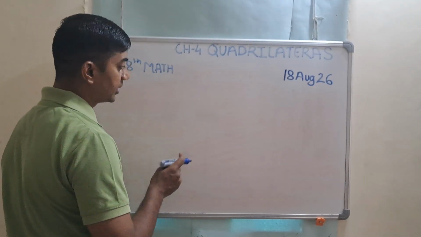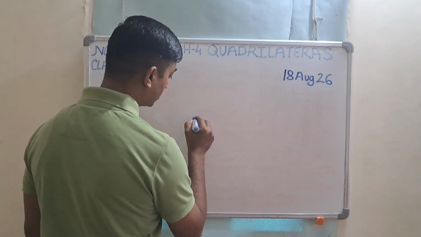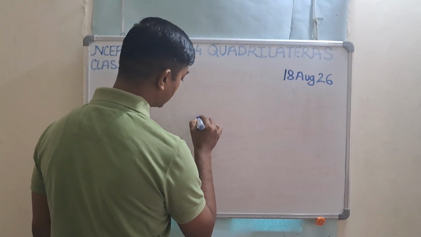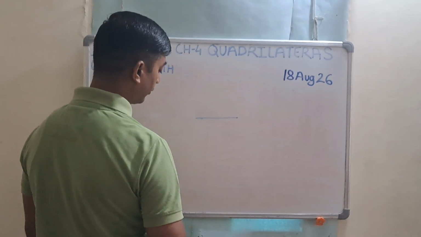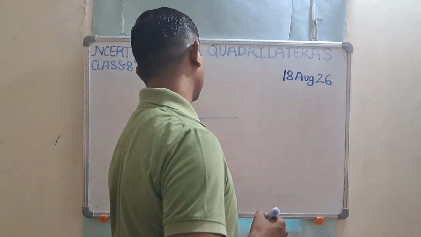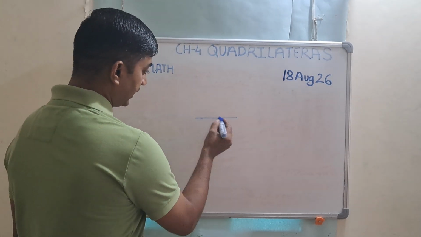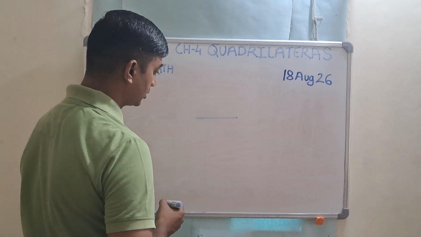Now see, to construct a square with diagonal 6 cm, first draw the diagonal. See, this is the diagonal and the length is 6 cm.